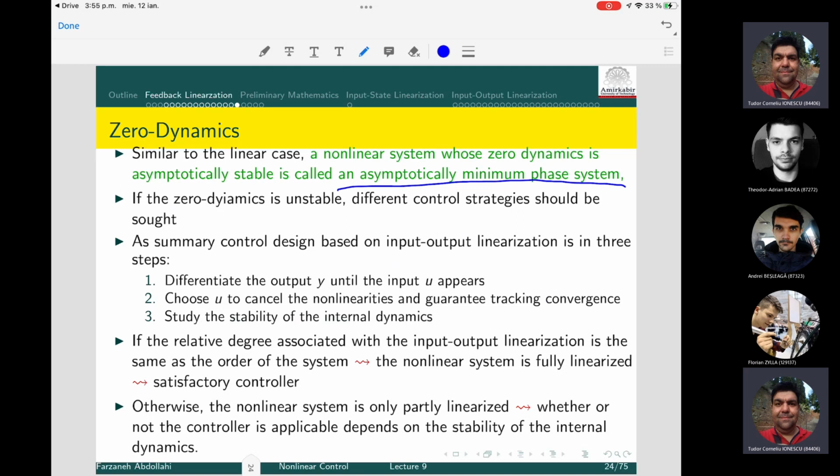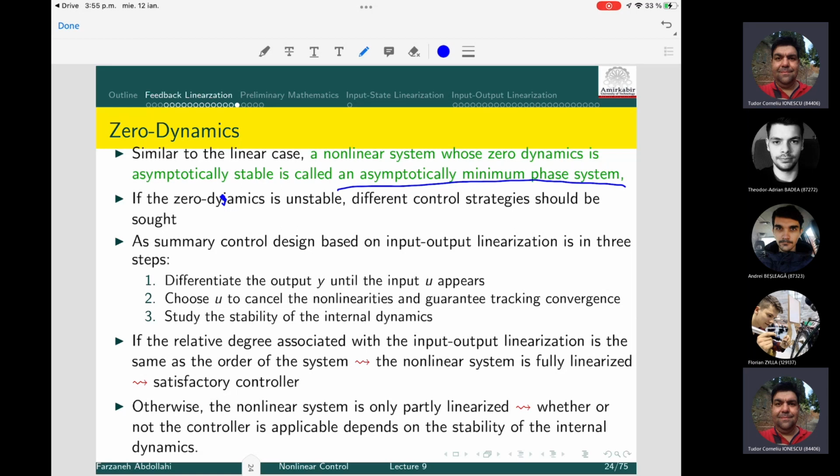Here we do this notation abuse, okay? This is an abuse of language and notation, but it is very good to help us towards the control ideas. If the zero dynamics is unstable, different control strategies should be sought, of course.